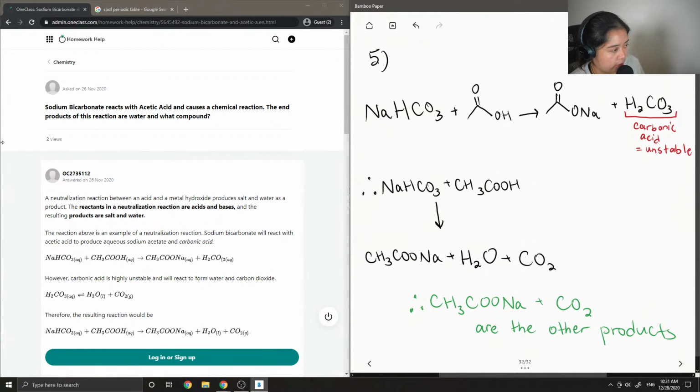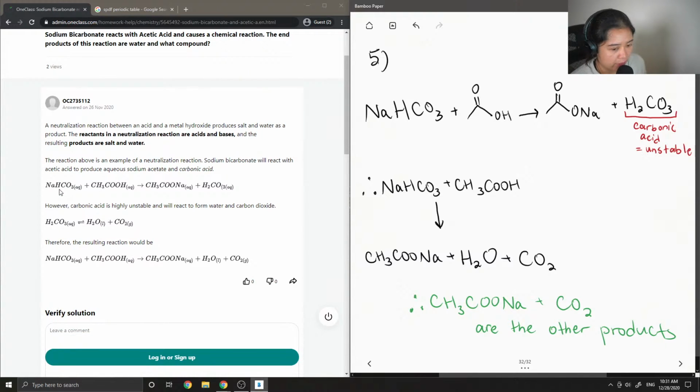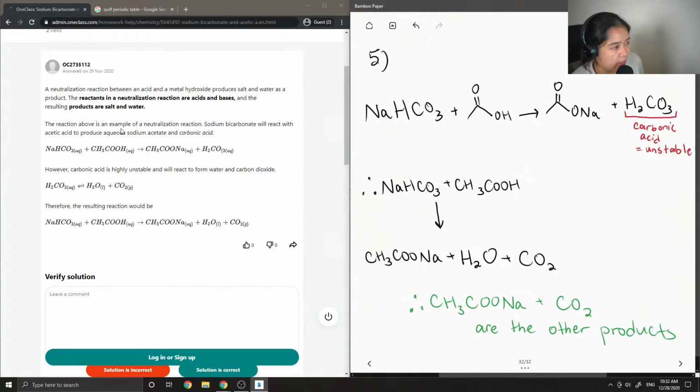Okay, so let's see what the junior tutor said. The neutralization reaction between an acid and a metal hydroxide produces salt and water as a product. The reactants in a neutralization reaction are acids and bases, and the resulting products are salt and water. The reaction above is an example of a neutralization reaction.